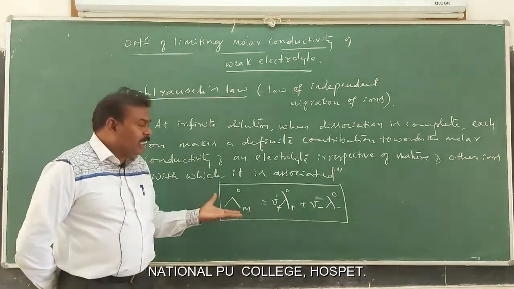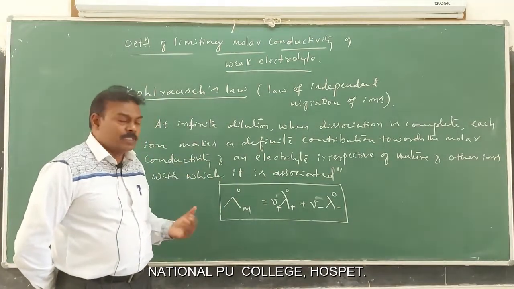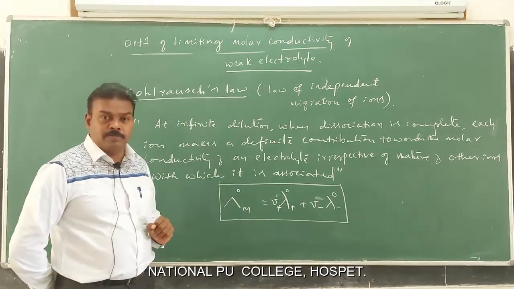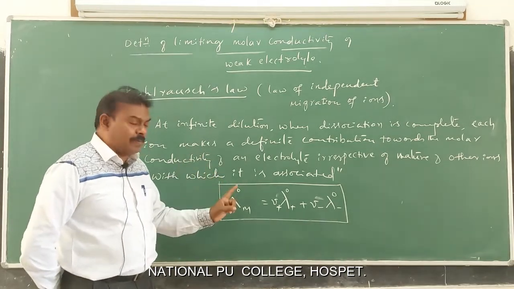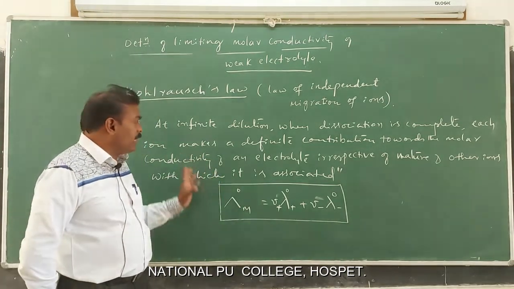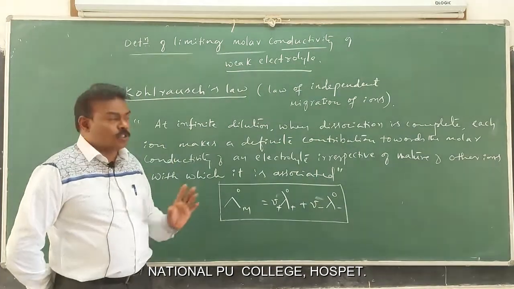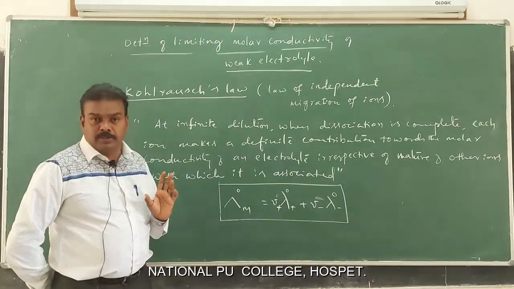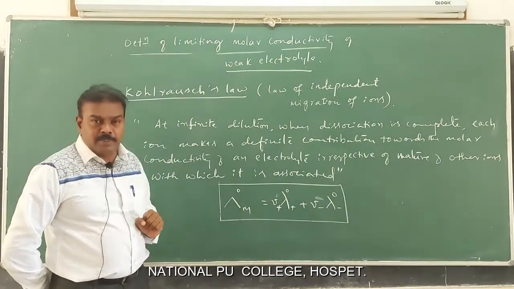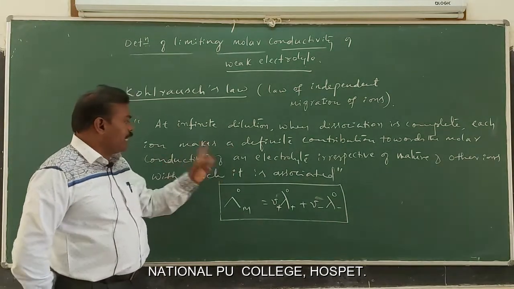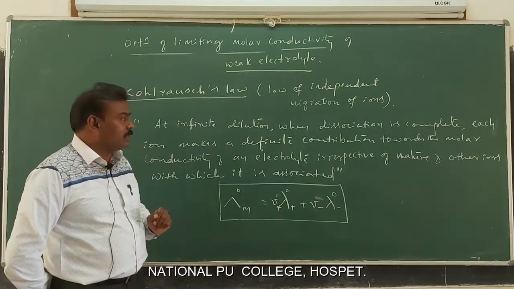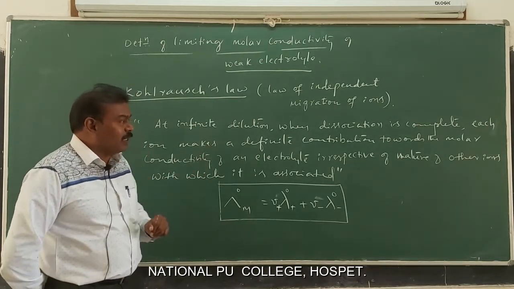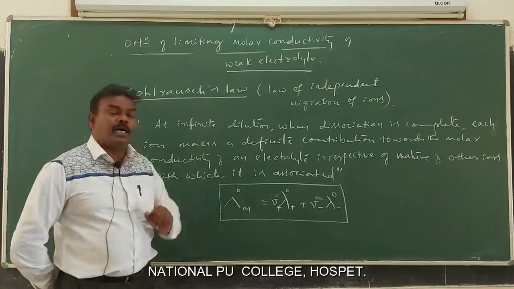It means the molar conductivity is the sum of the contributions made by all the ions present in the solution. That is Kohlrausch law. So you should understand the statement carefully: at infinite dilution, when dissociation is complete, each ion makes a definite contribution towards the molar conductivity of an electrolyte, irrespective of the nature of other ions with which it is associated.